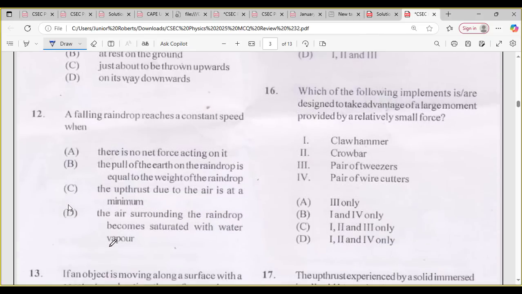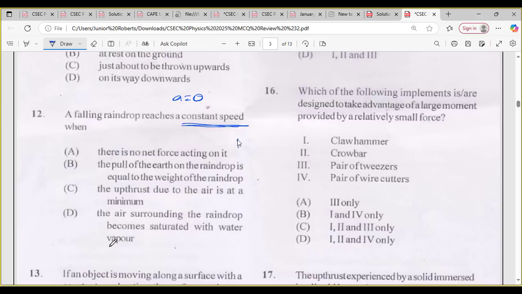12 now says a falling raindrop reaches a constant speed when. So again we have the raindrop reaching constant speed. So if the speed is constant, then the acceleration is going to be equal to 0, right? So it's not accelerating.